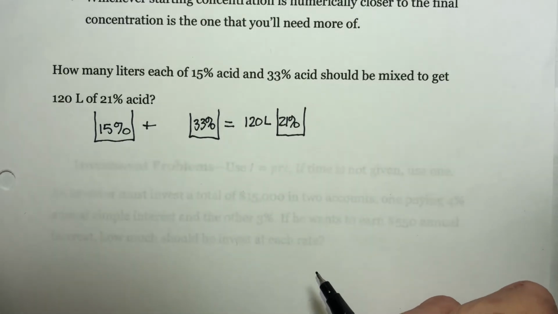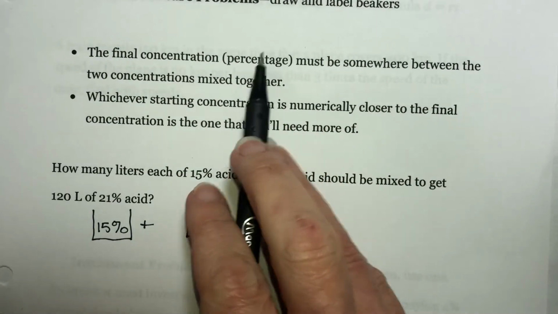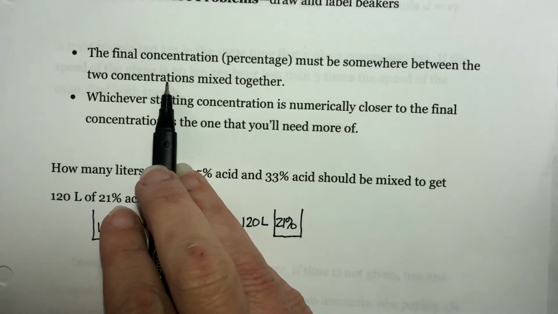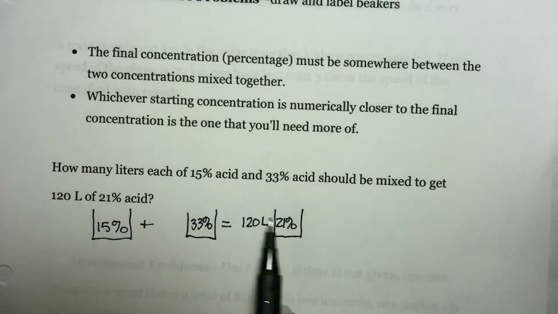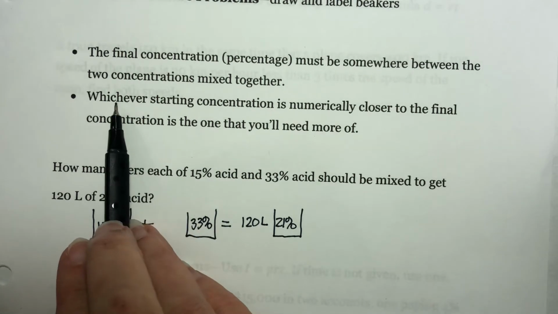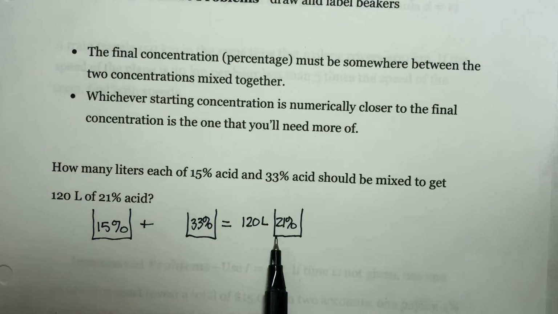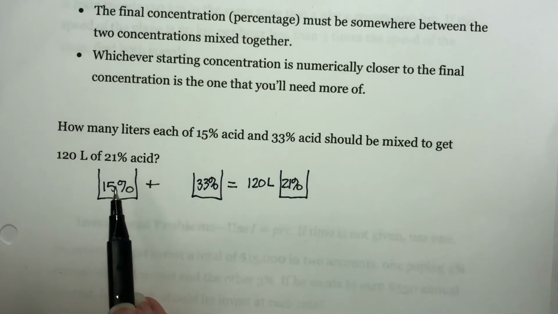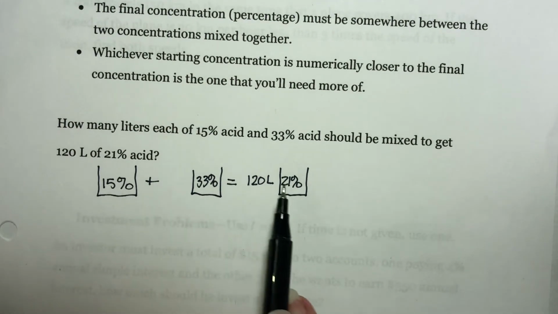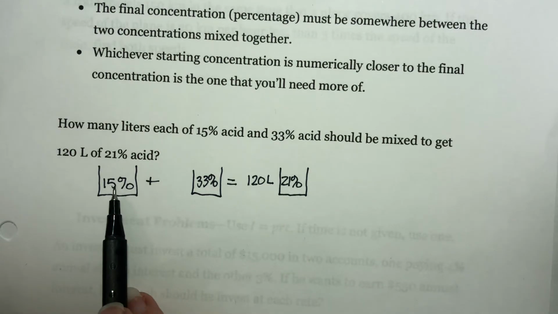Okay. Now, what we set up here is the final concentration must be somewhere between the two concentrations that are mixed together. 21 does fall between 15 and 33. Now, what this says is whichever concentration you're numerically closer to is the one that we're going to need more of. So let's talk about which one of these 21 is closer to. 21 is 6 away from this one, right?